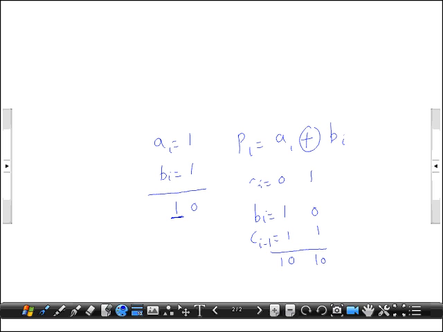That means the previous carry is simply propagated to the next bit position. So that is why Pi is called the propagate term.